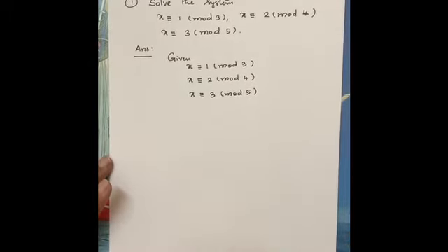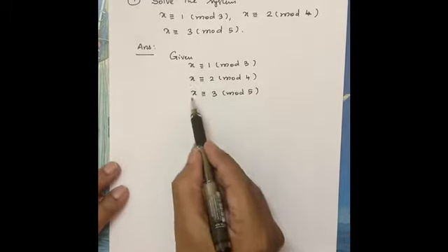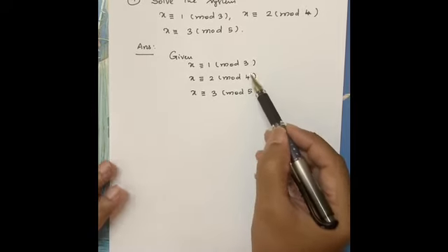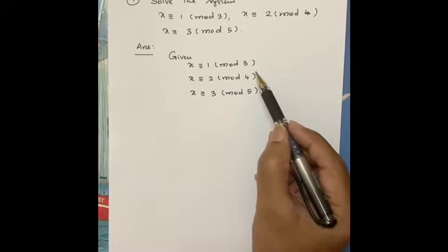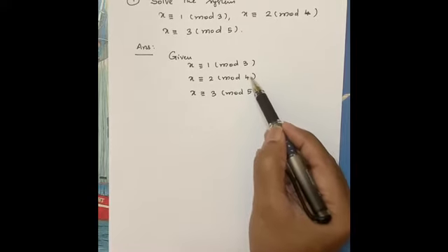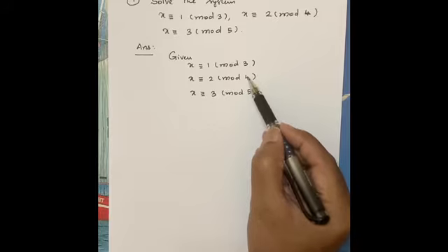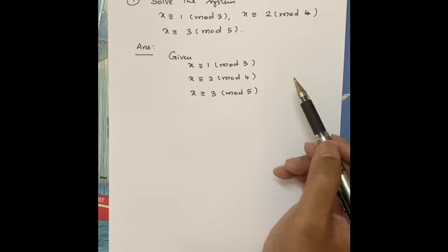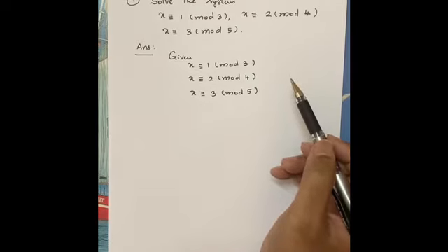Okay, again you have to verify. Here all are x, the same. Here 3, 4, 5 are relatively prime positive integers. Relatively prime means, 3 and 4, what is GCD? It is 1. 3 and 4 are relatively prime. 4 and 5 are relatively prime. 3 and 5 are relatively prime. So for every pair of integers, GCD is 1.